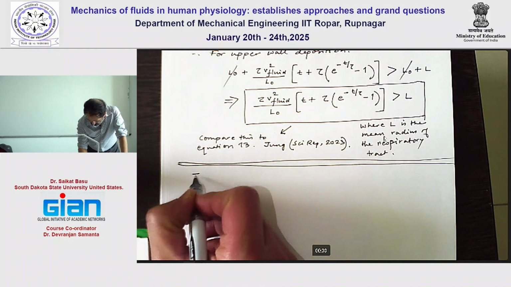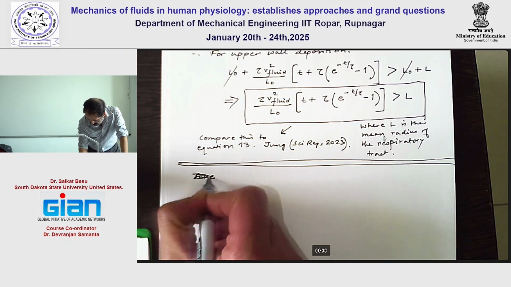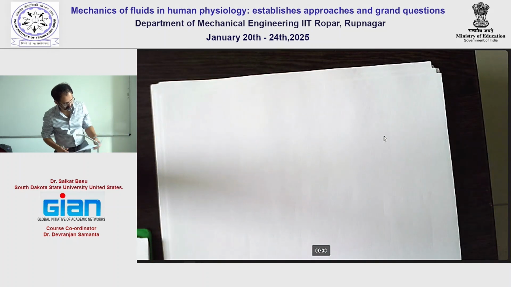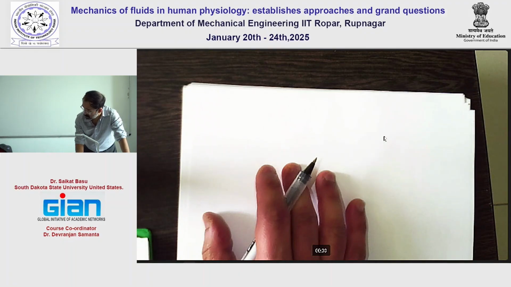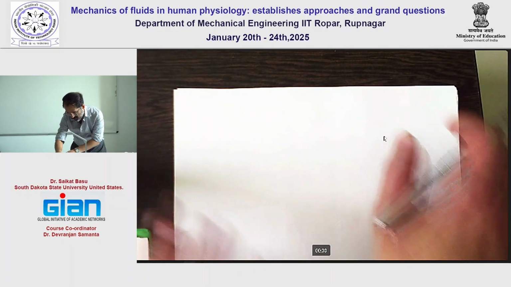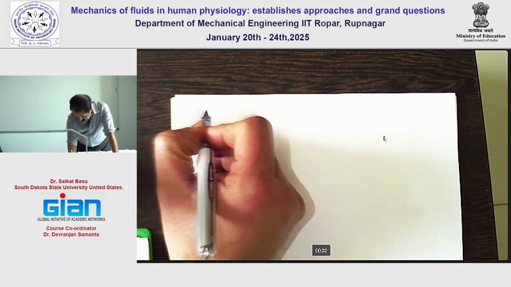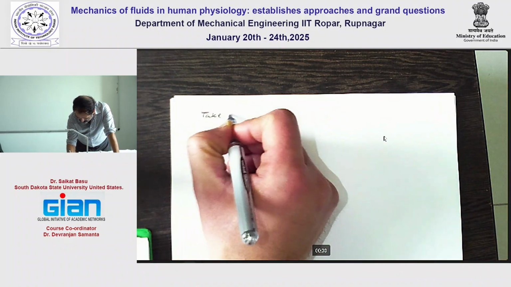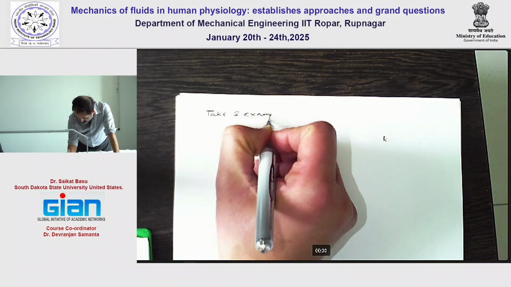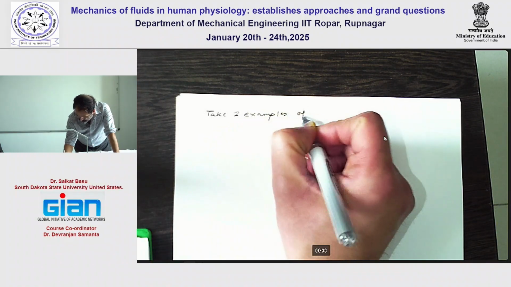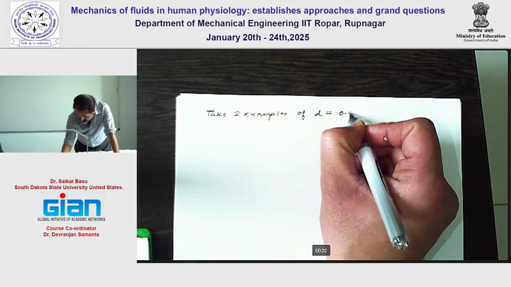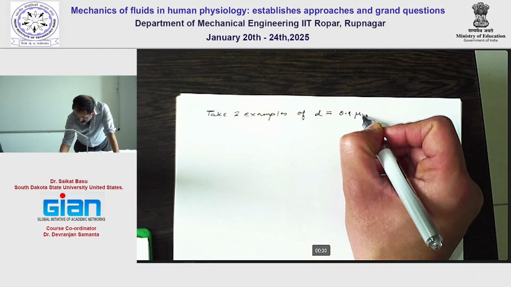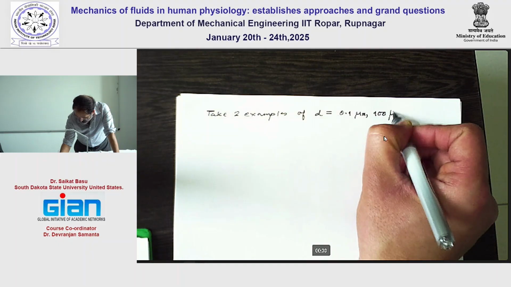Okay, so as I said, we are going to use two diameter examples over here. Let's go to the next page. So take two examples, D equal to 0.1 micron and 100 micron.